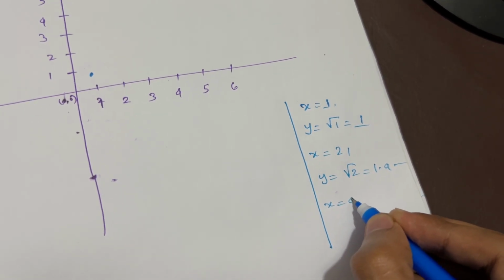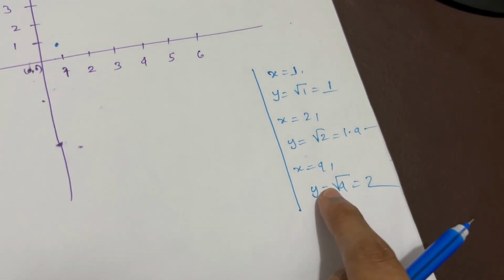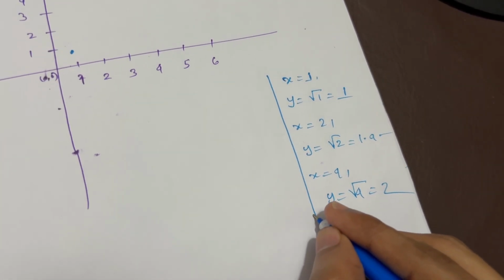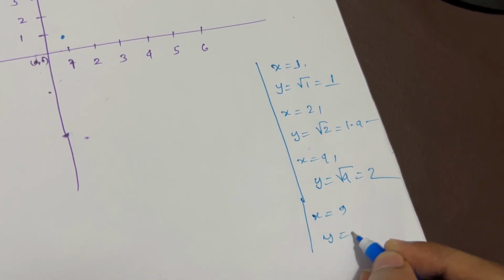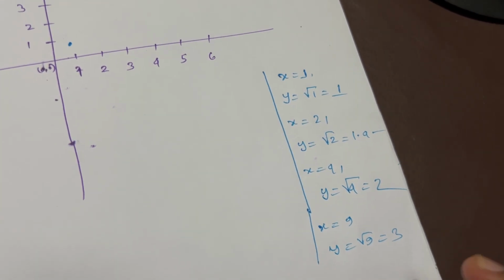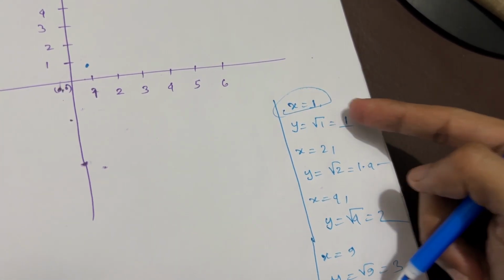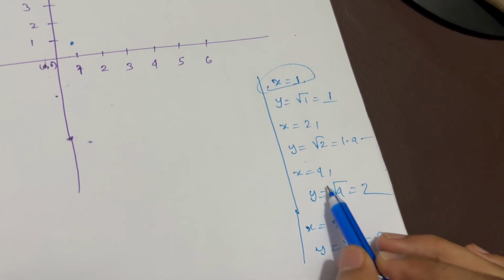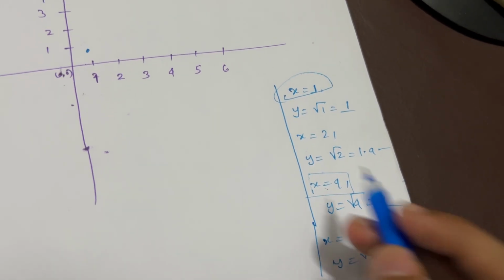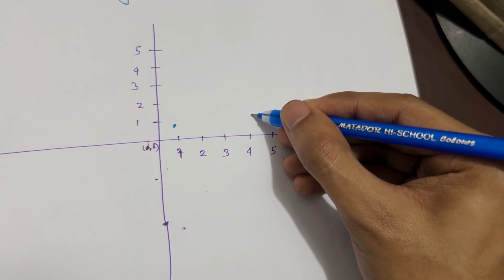If I consider x equals 4, then y equals 2, because root over 4 is 2. Similarly, if I take x equals 9, then y equals root over 9, which is 3. So if the x value is 1, y value is 1. Very simple. If the x value is 4, y value is 2.